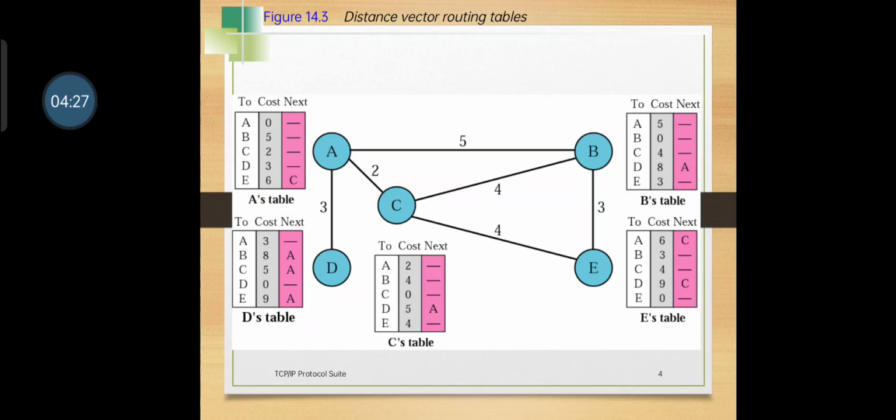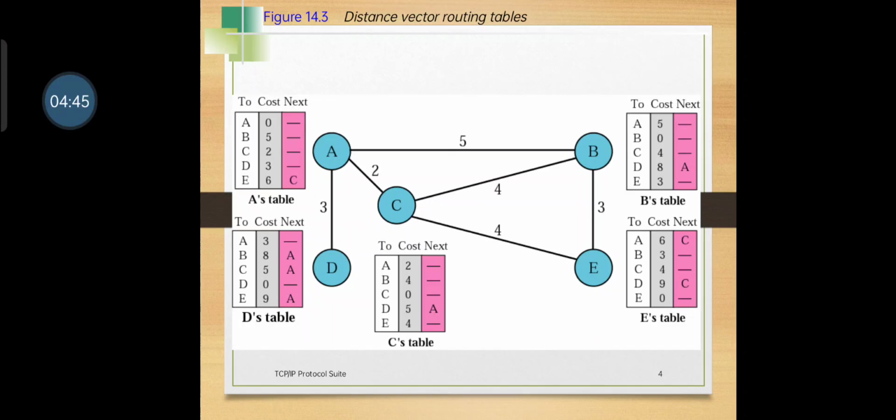We are calculating from A's perspective. From A to A the cost is 0, and for the neighbors, A to B is 5, A to C is 2, and A to D is 3. But I don't know how to reach E.